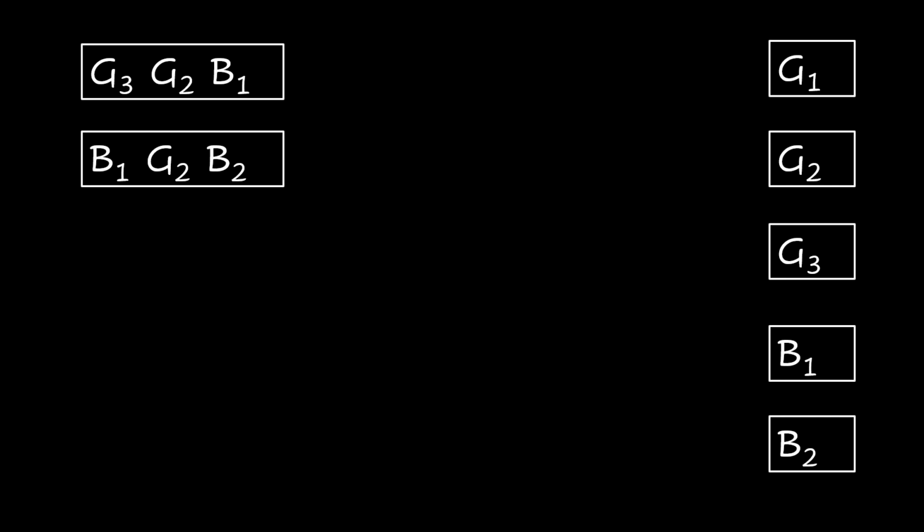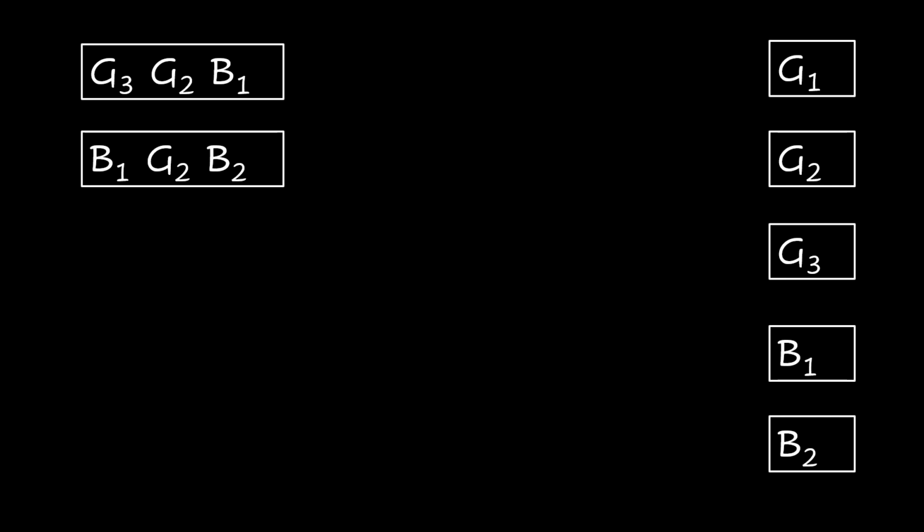Suppose I represent one of the girls as G1 and the other girls as G2 and G3. The boys are B1 and B2. Suppose we are going to select 3 of these students, so I can possibly have a group composed of G3, G2, and B1, and this is the representative of the class. I can also have B1, G2, and B2.